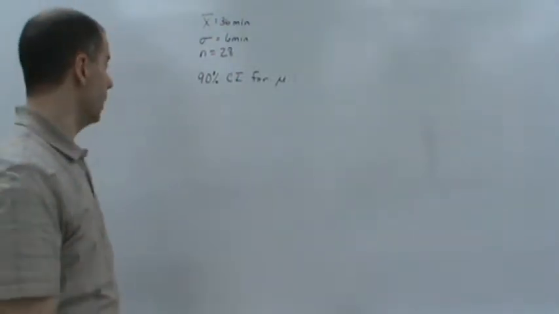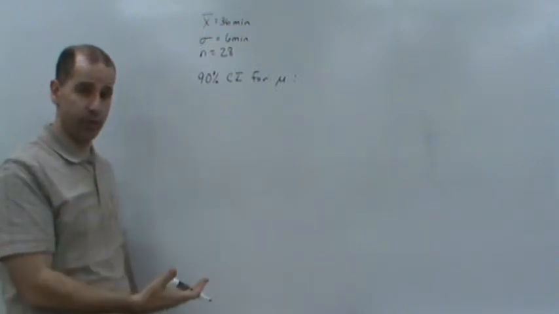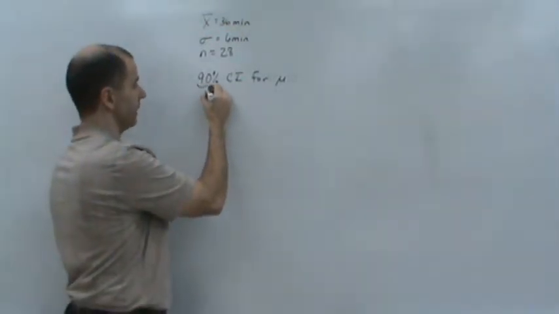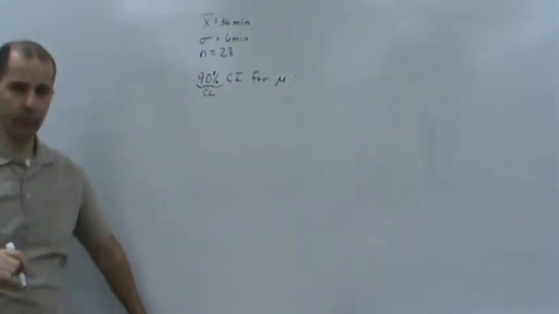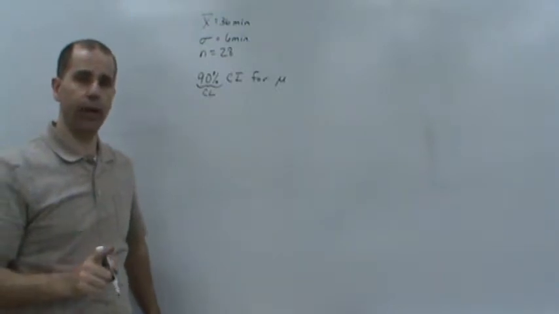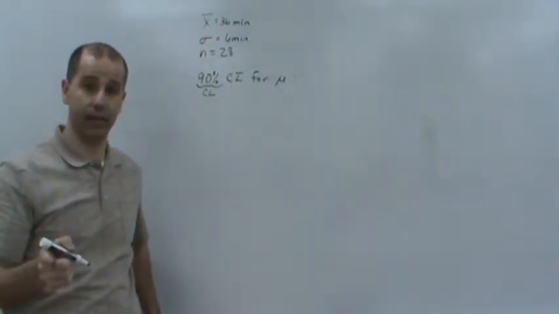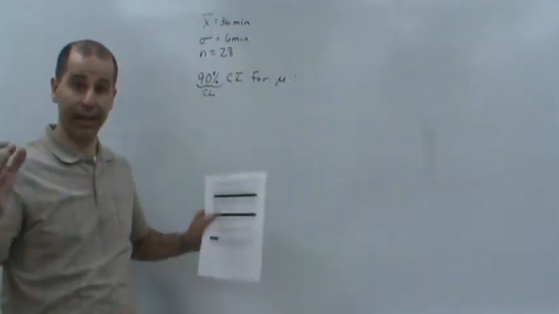Okay, so now here's the thing. Before I do this problem, I'm going to teach you some other terminology. What we call this is the confidence level. The confidence level always represents the middle area, the middle percentage of data. Think of what we did with the empirical rule. It was the middle area.